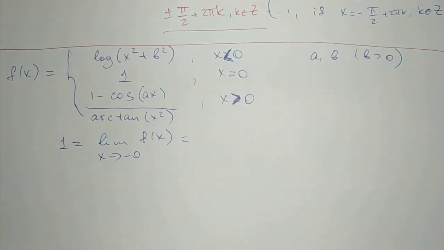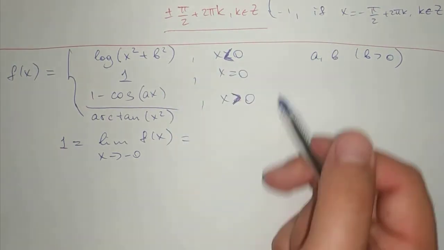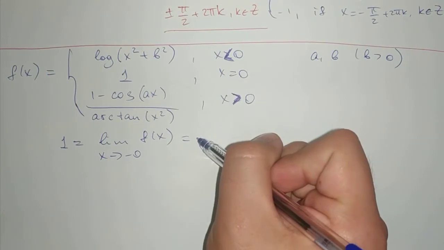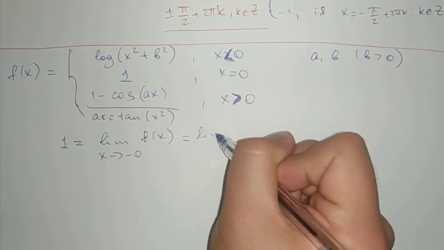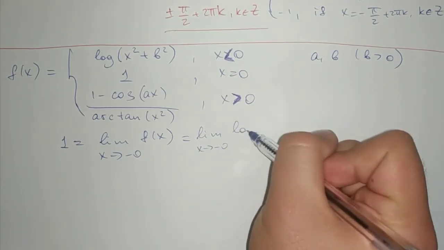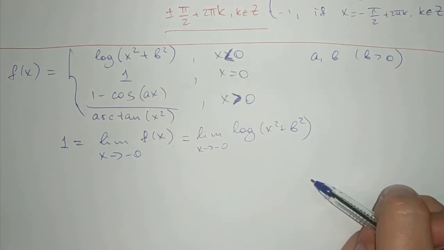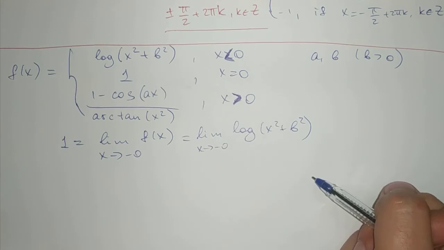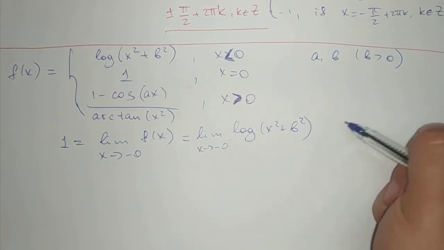The left side limit of this function is the logarithm. Limit as x tends to minus 0 of logarithm of x squared plus b squared. Here, if you put 0, it is just logarithm b squared.